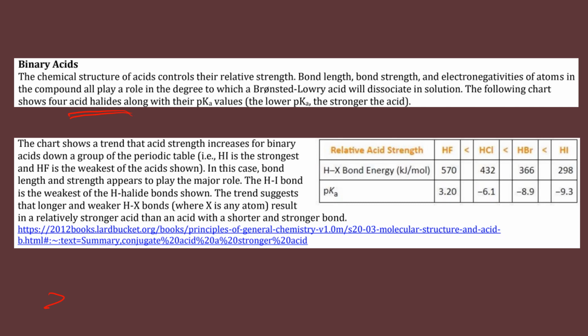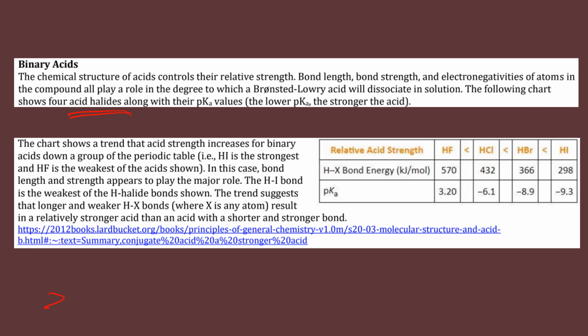So in this case, the bond length and strength play a great deal. Notice how the longer the bond is, the more likely it is to dissociate completely.